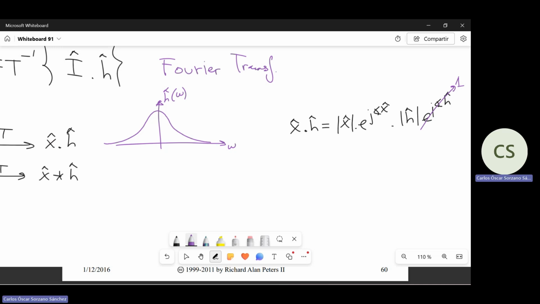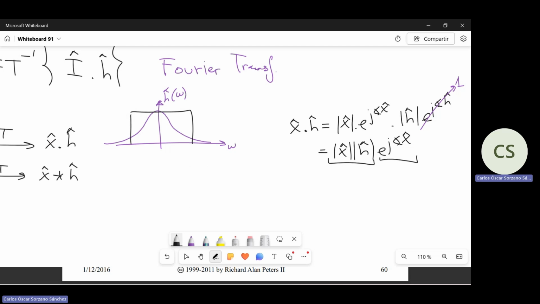So this is equal to the amplitude, and then the phase of x. That means that I'm modifying the amplitude, but I'm not modifying the phases. And because this one never goes to zero, it is not like the ideal low pass filter. The ideal low pass filter at some point is zero.